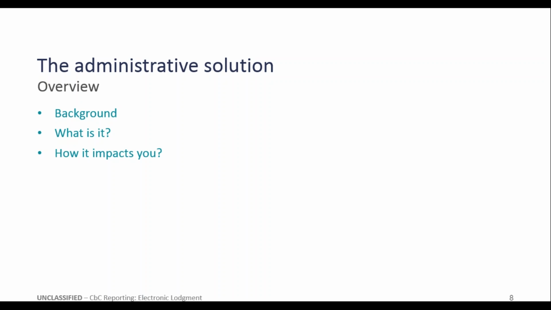Also, you have to let us know via the IDS, at new labels that we're putting in for 2017, labels 1A and 1B, that you will be undertaking to use the administrative solution as part of your lodgement for this reporting period.